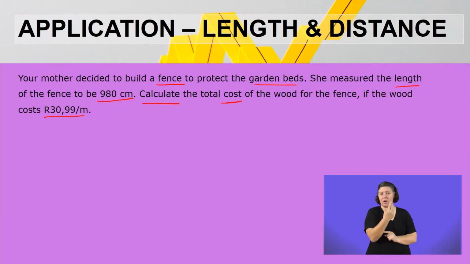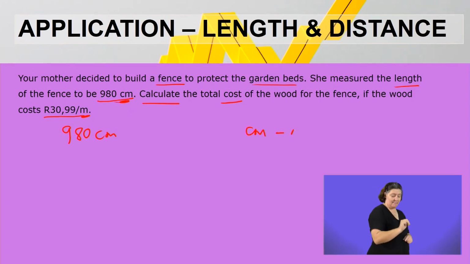So first of all, I want you to note that the hood is sold in meters, as indicated there. But now we can see that the length of the fence is indicated in centimeters. So therefore, we first need to convert, right? So therefore, I'm going to take my 980 centimeters. And remember, I'm converting now from centimeters to meters.